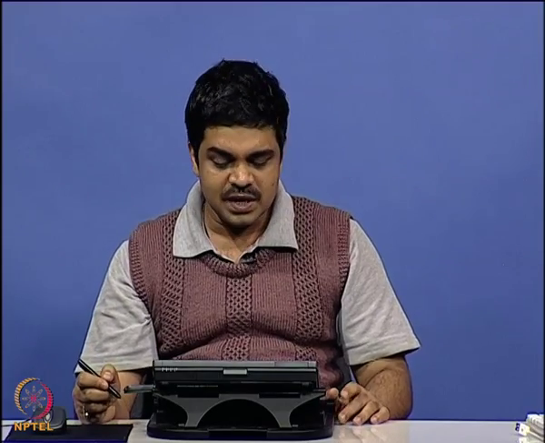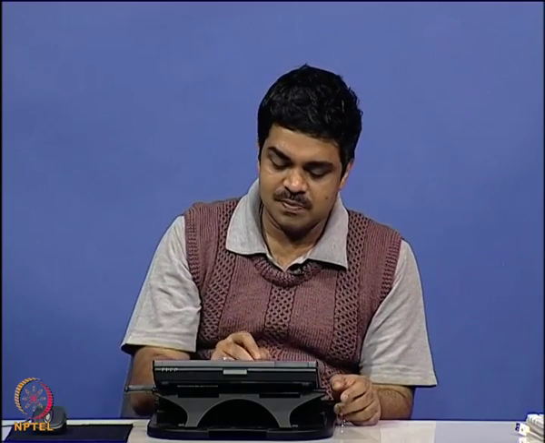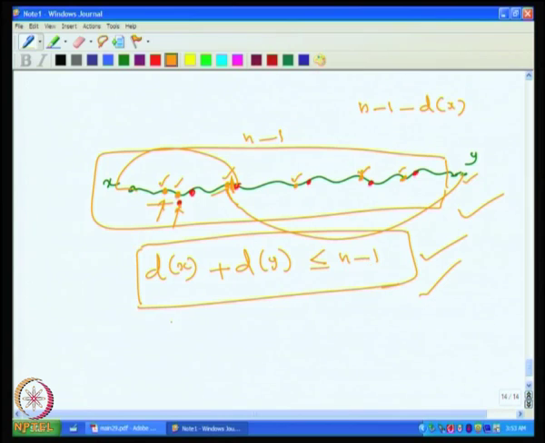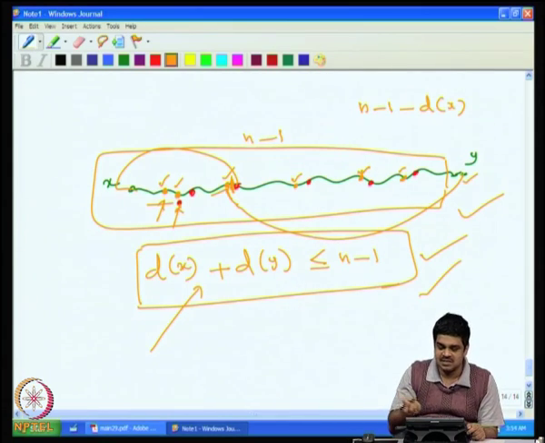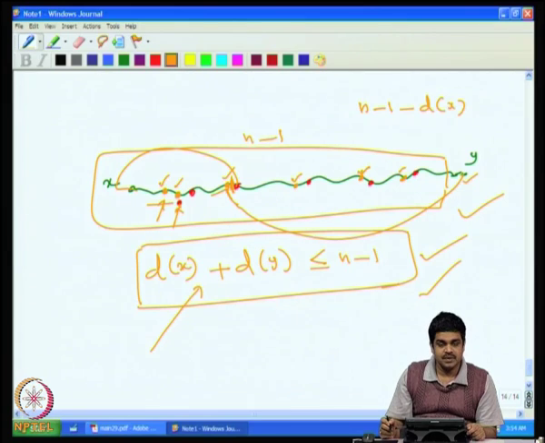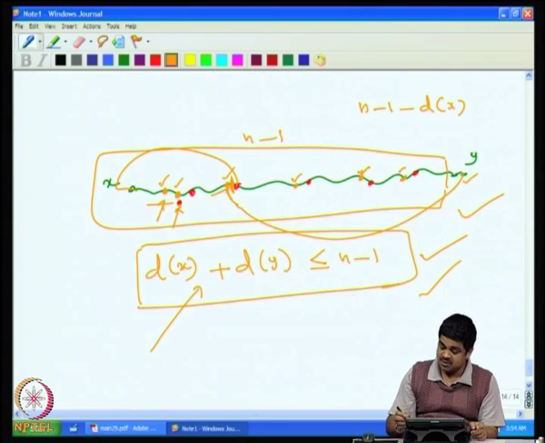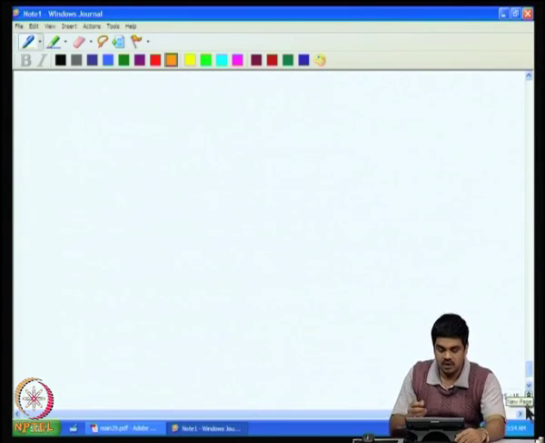Since this says that d(x) plus d(y) has to be at most n minus 1, it is very natural to seek the pair x and y where d(x) plus d(y) is maximized, because if it is maximum, maybe there is a chance that it will go beyond n minus 1. So the pair x and y that maximizes d(x) plus d(y) is a good candidate. So, we will go for that.